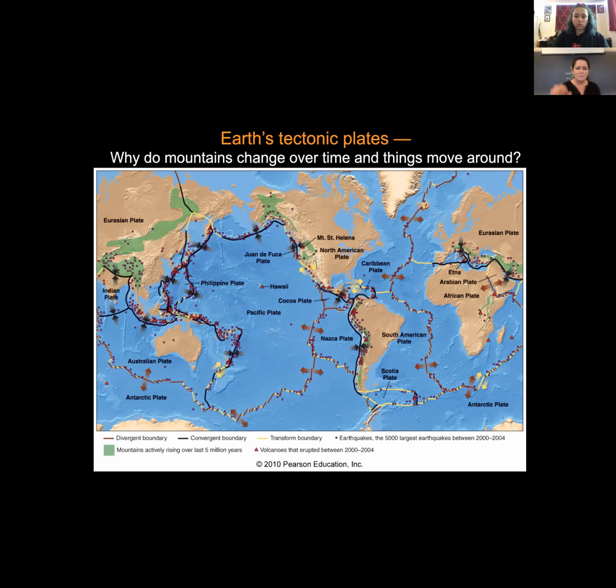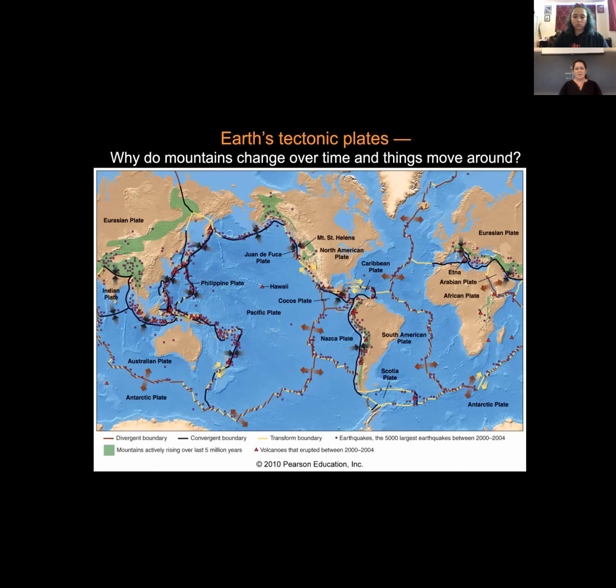And there are little triangle symbols also all over this map. Those represent volcanoes. And those also fall all over these plate boundaries. So everywhere we've got a plate boundary, whether it's divergent, convergent, transform, you're gonna get earthquakes. It's just the size and the location of the earthquake that changes.